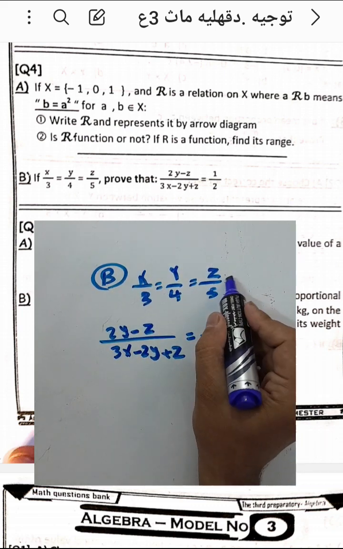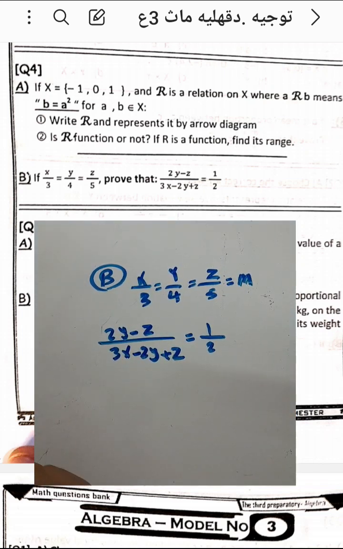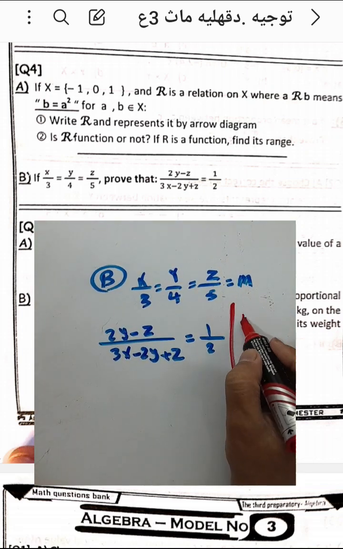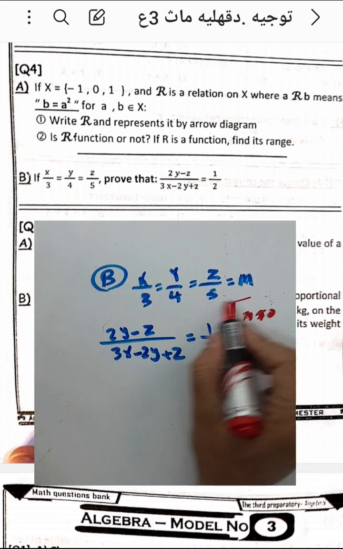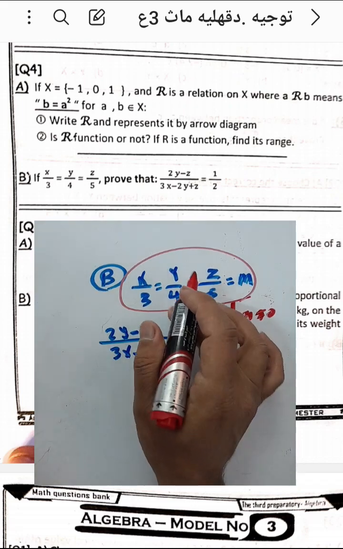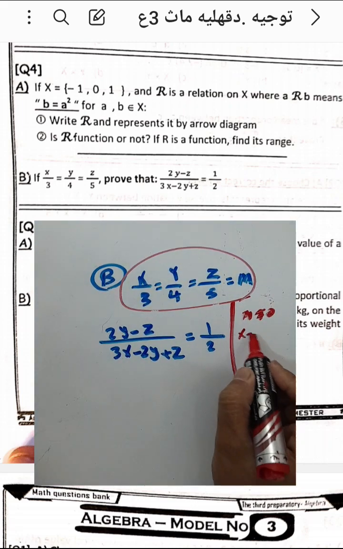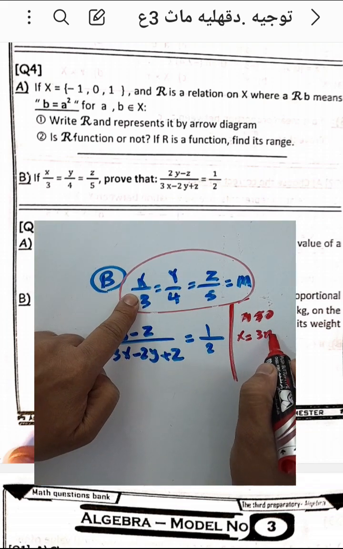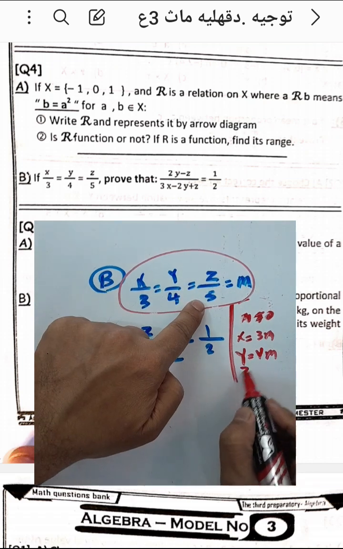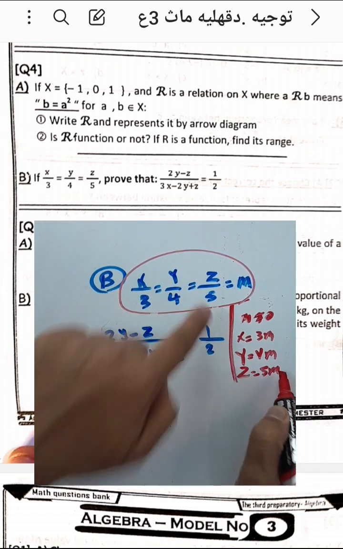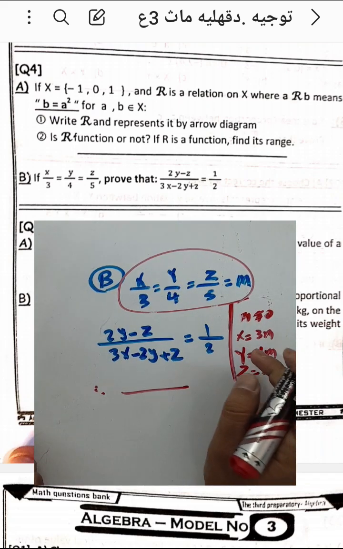We must put here a known value such that m, and m not equal 0. It's constant. Then y over 4 equal m, and x over 3 equal m, z over 5 equal m. Then we can find x equals 3m, and y equal 4m, and z equal 5m.